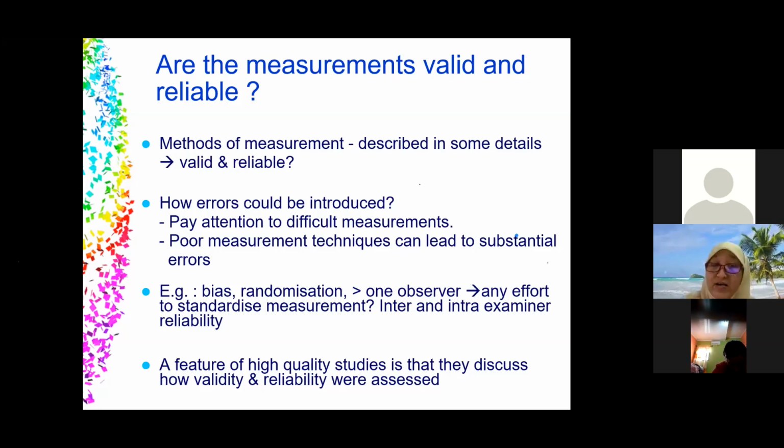A feature of a high quality study is that they discuss how validity and reliability were assessed. So when we read and appraise a paper, you must find whether they explain that their instrument is valid.